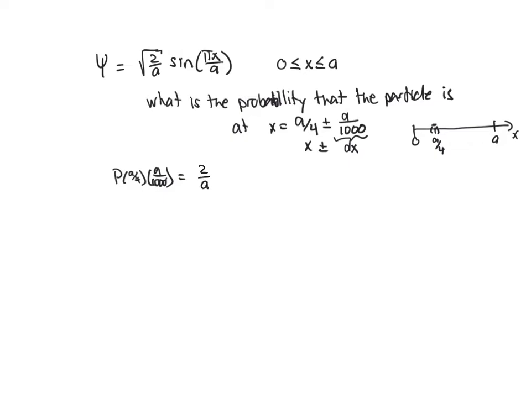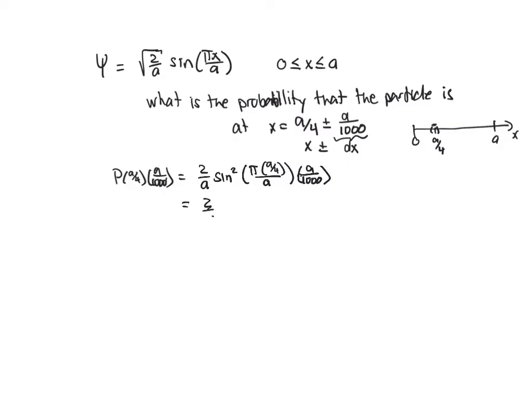So 2 over a sine squared pi a over 4 a dx. So dx is a over 1,000. Okay, that's my probability. So now I just need to evaluate what that is.